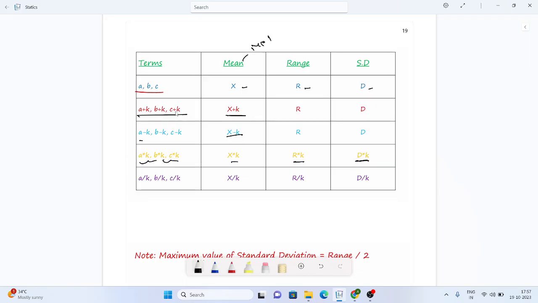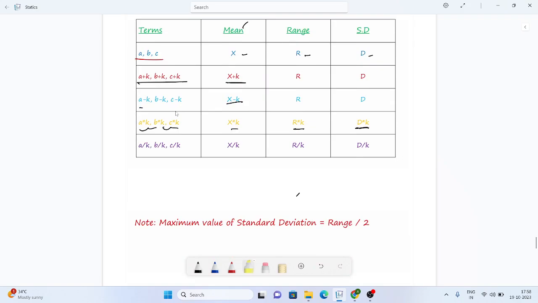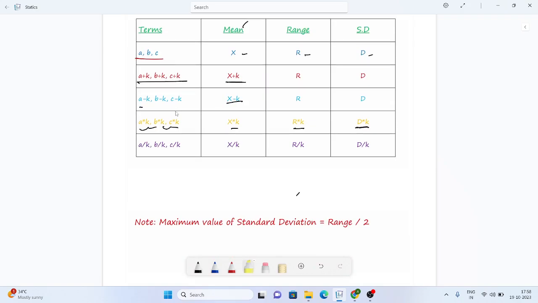Median and mode also change maybe in the same way. So this table is very helpful in data sufficiency questions. So make a note of this. Also make a note that standard deviation is always at most range by 2.